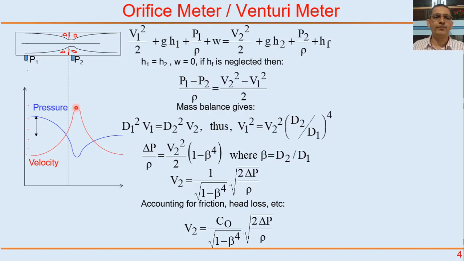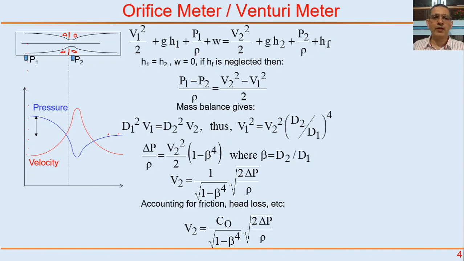Velocity will go up. And if velocity goes up, by Bernoulli equation, pressure will reduce. Now beyond this point, cross-sectional area is increasing, velocity will reduce. And if velocity reduces, pressure increases once again. But this increase in pressure is not as much as what it was earlier.